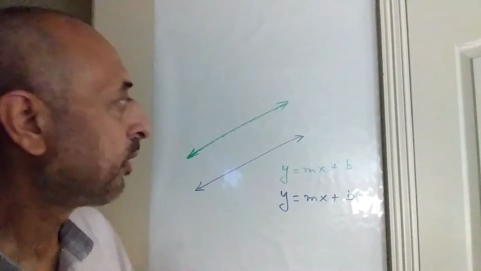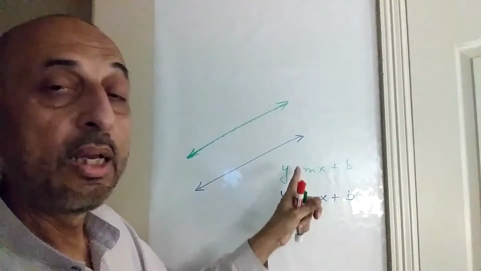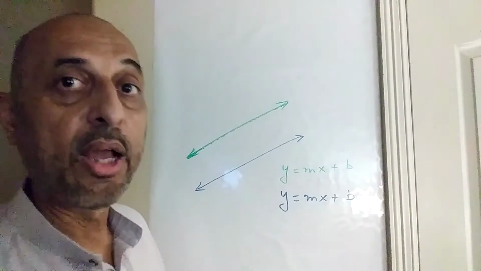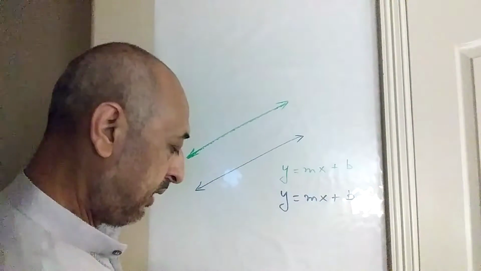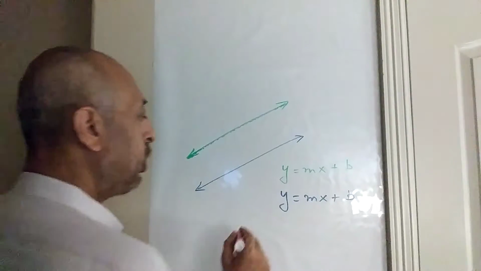That's when the lines are parallel. And when the value of m is the same, then you look at the y-intercept values, and if they are different, then the lines will be parallel.